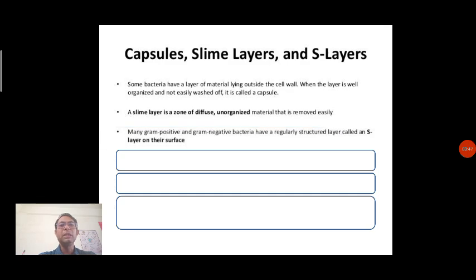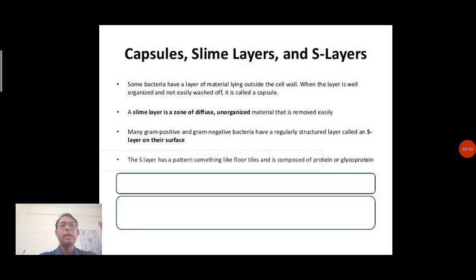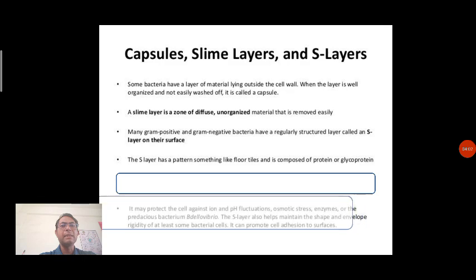The next one is that gram positive bacteria and gram negative bacteria have a regularly structured layer called the S layer on their surface. The S layer has a pattern, sometimes like a flower, and it is composed of protein or glycoprotein.